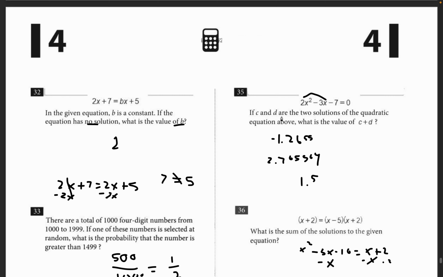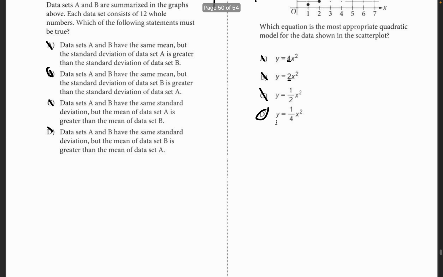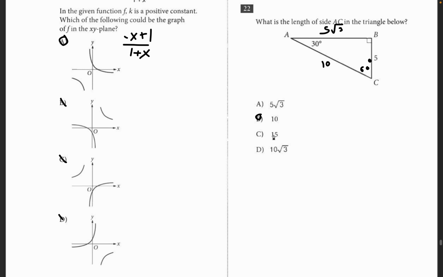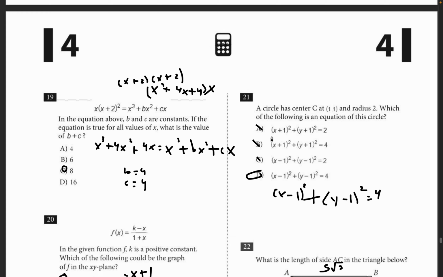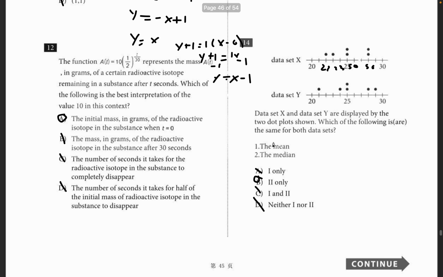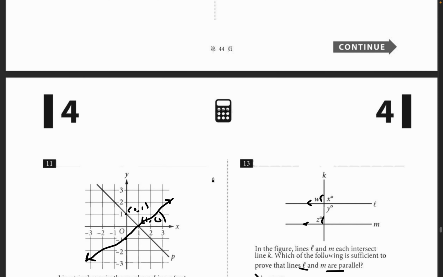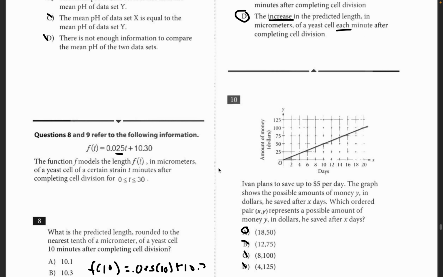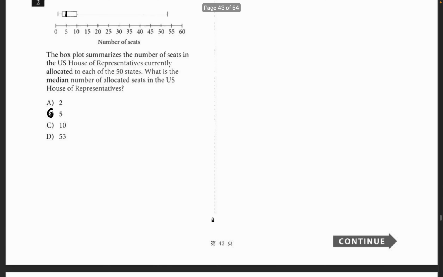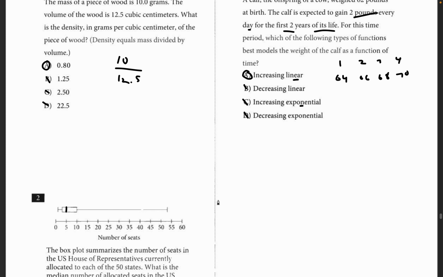Was there any of them that I had to overthink? No, I think we're good. This one was weird, but I verified it with that. If you did this as quick as me, you should really check your work.